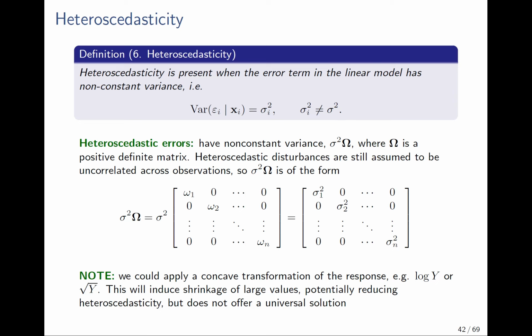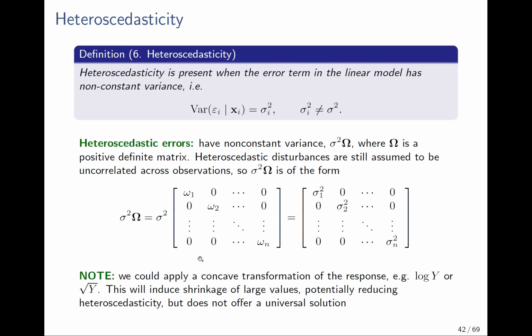In matrix form, we define big omega as a positive definite, diagonal matrix, and we write the variance as being equal to sigma squared times this positive definite matrix. So under heteroscedasticity, disturbances are still assumed to be uncorrelated across observations because the matrix is diagonal.